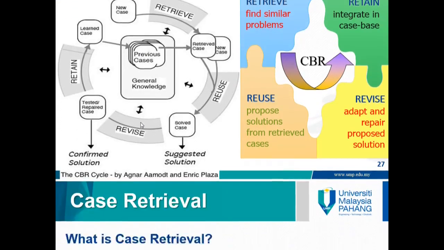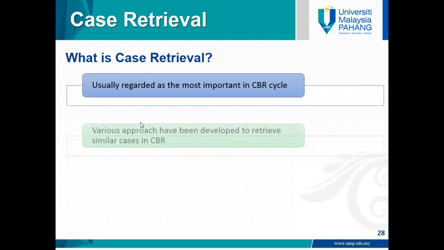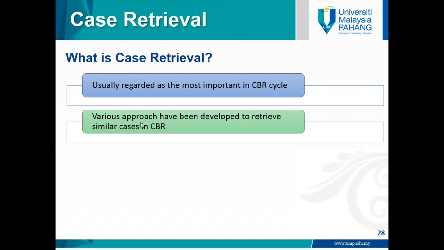So let us now discuss how each stage is executed. Let us start with the first stage, which is case retrieval. So what is case retrieval? Case retrieval is the most important step in CBR, where we have to design and use an effective approach in order to retrieve the most similar cases.